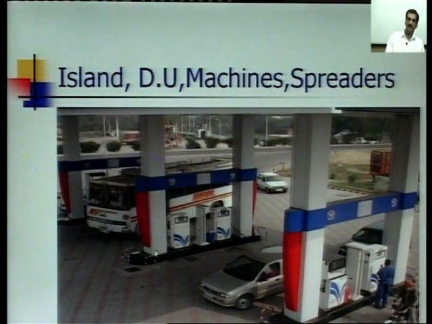A spreader is an ornamental item where some sort of lighting or signage is used to highlight the company's logos and color scheme. This may or may not be there on a particular company. Like this particular company is using these spreaders and color schemes.